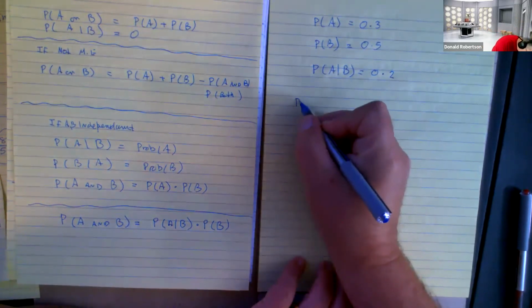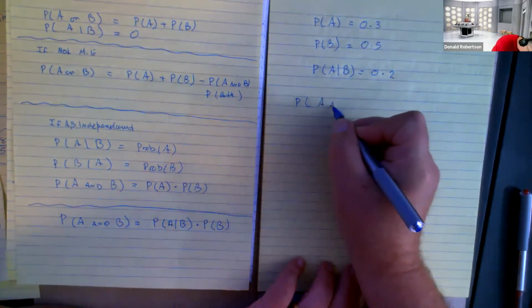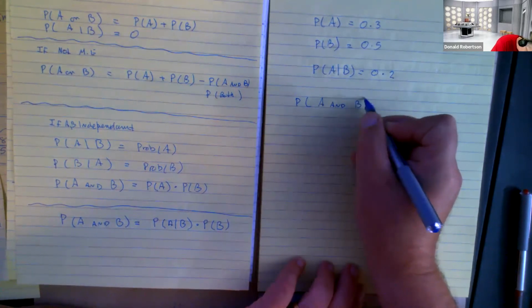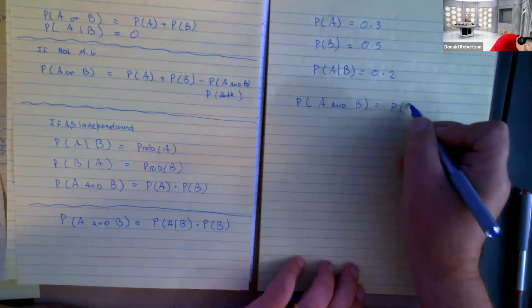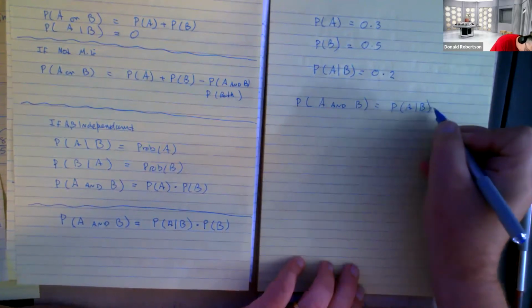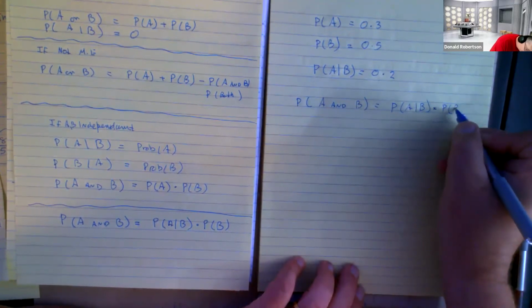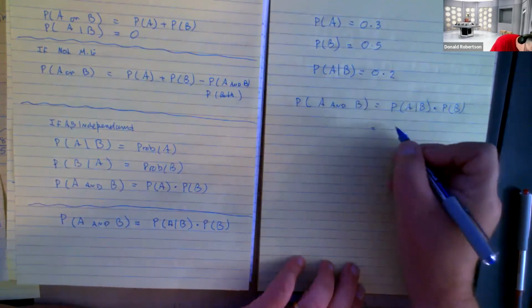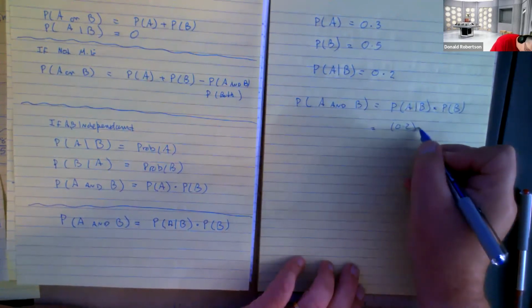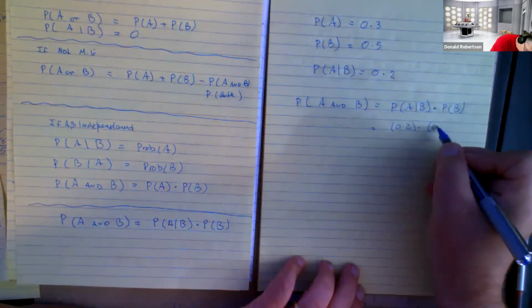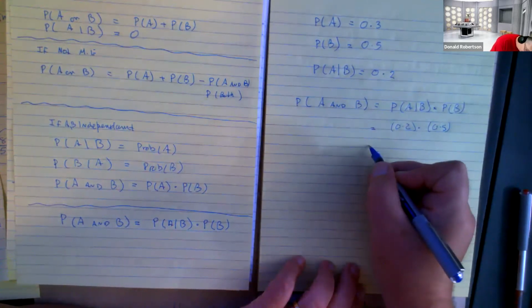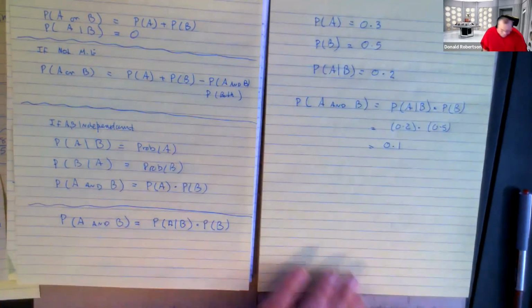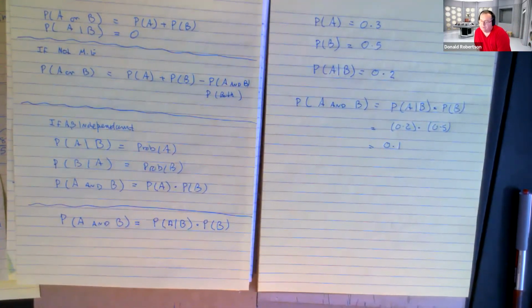Then I can calculate the probability of A and B. It's the probability of A given B times the probability of B. And so that's going to be A given B is 0.2 times the probability of B, which is 0.5. And so the answer here is 0.1. Are we good?